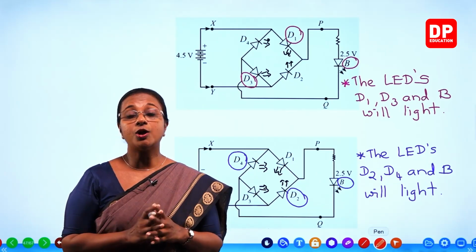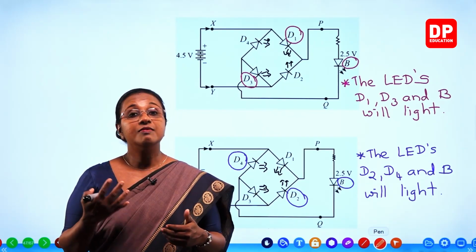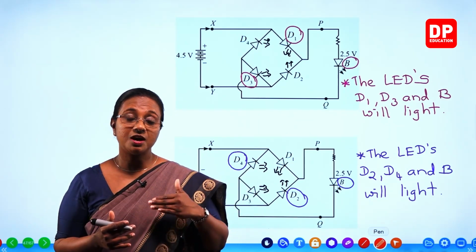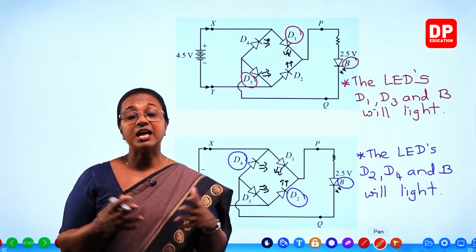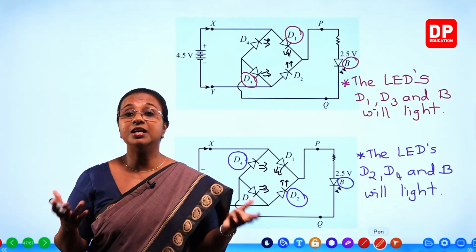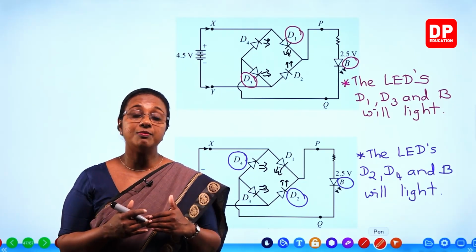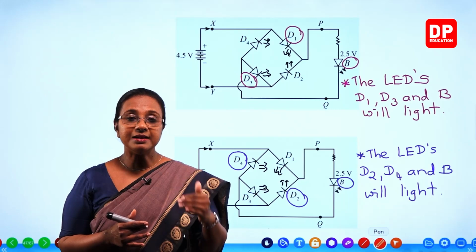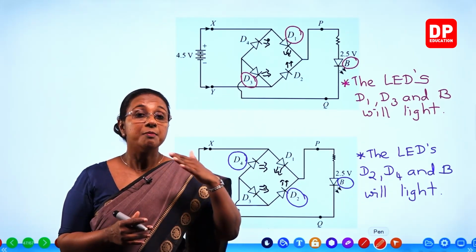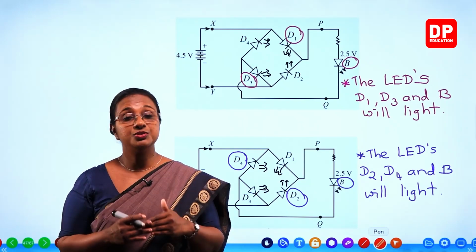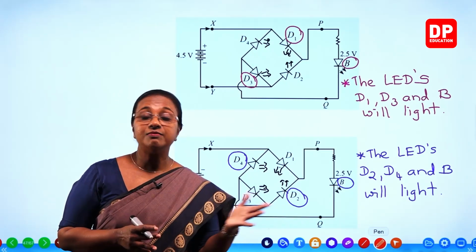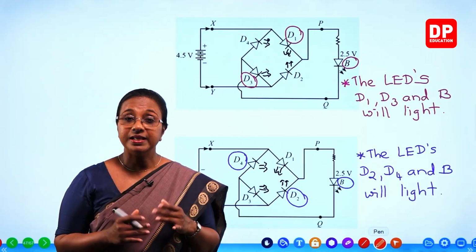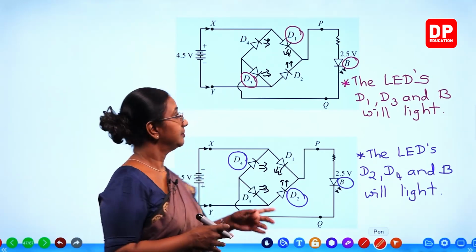So it is not very efficient to use a full wave rectification where the voltage drops down to 0 if you are using an electrical appliance, an electronic device. So we need to have a way of preventing the voltage drop to 0. That is what we will be discussing as the smoothing process. So with that, students, I'll move on to the next slide.